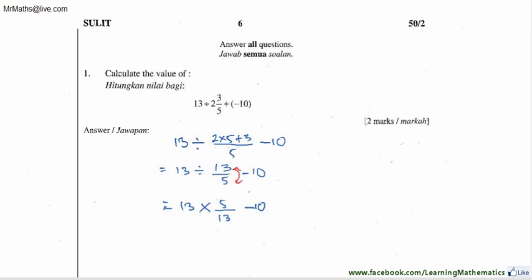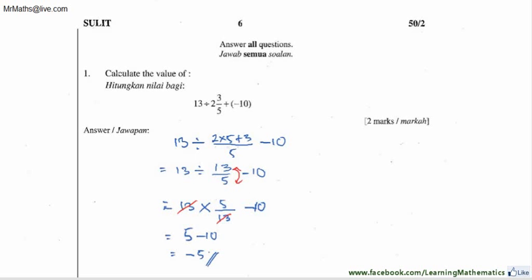In this type of mathematical problem, whatever is divide and multiply has to be performed first. Minus and plus is performed later. So 13 and 13 you can cancel out, leaving 5, and then 5 minus 10 equals minus 5.